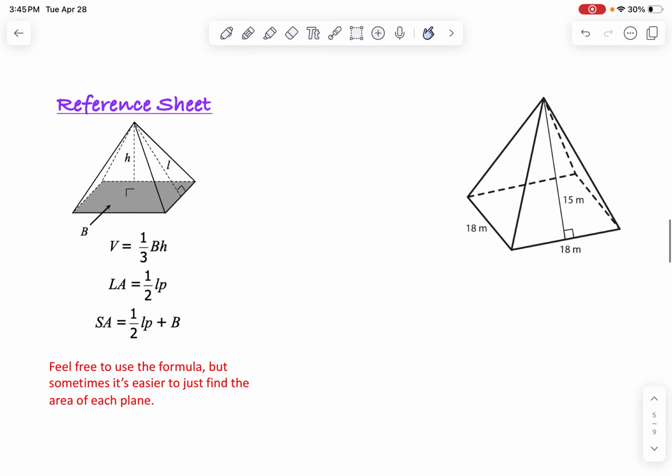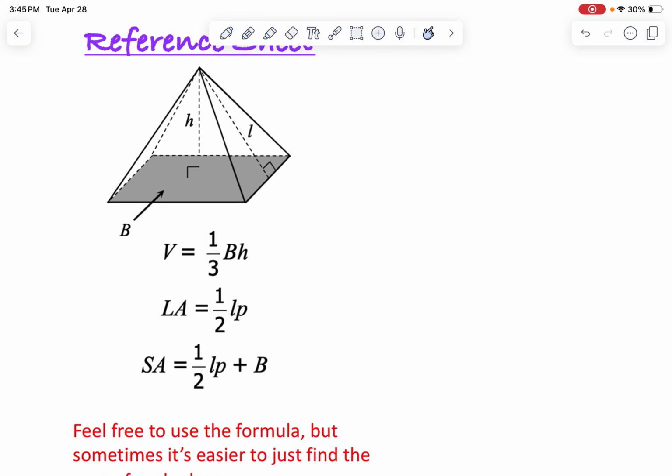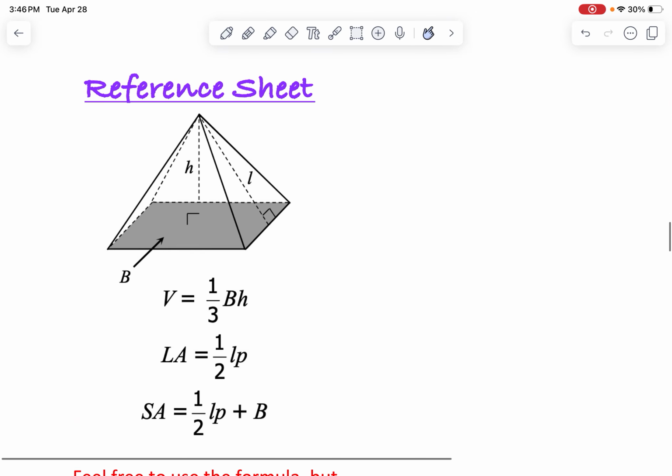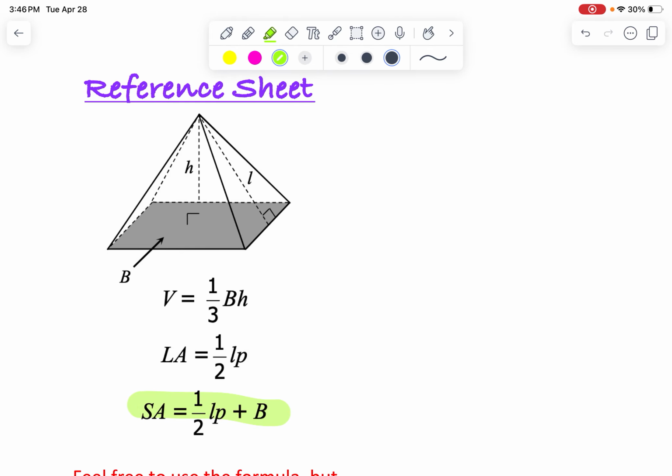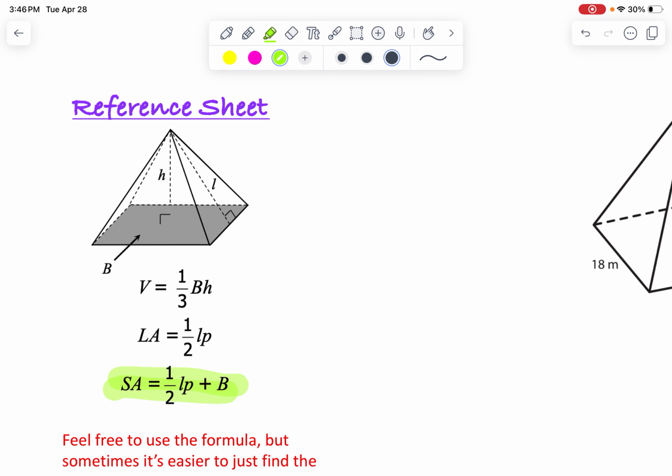So on your reference sheet, you see this is your formula, right? It's a half times the lateral, what's this slant height right here, L, and then times perimeter plus the base. But I think that's a little confusing sometimes.